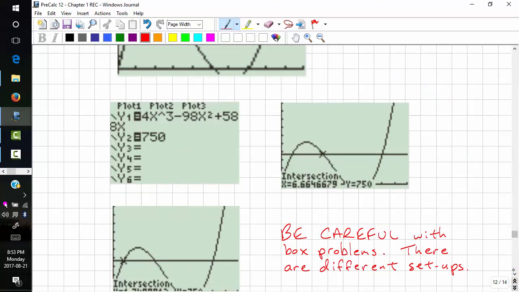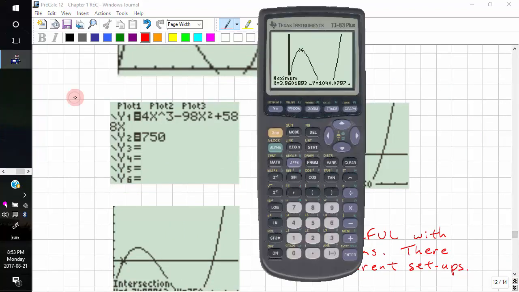Okay, so we need to go back to our calculator and we need to add a second equation, 750, and graph. Okay, so we have an answer here and an answer here. And for this, you will go second calc and you'll go intersect.